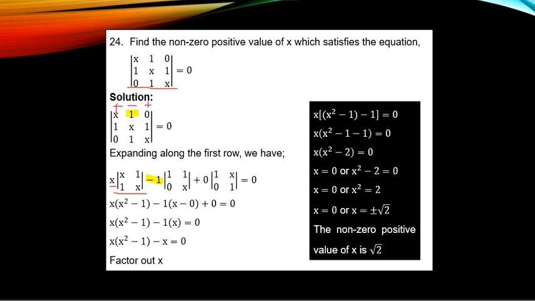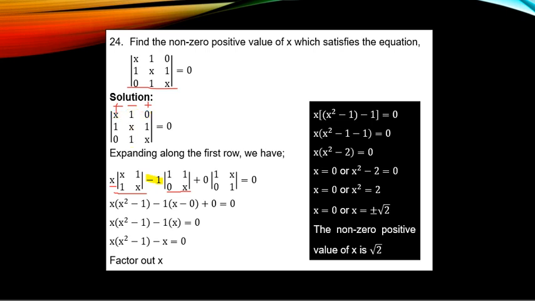Then you delete or cover the entry in the first row and second column. You are left with 2 rows, 1, 1 and 0, s, or 2 columns, 1, 0 and 1, s. So you record them down in this form.